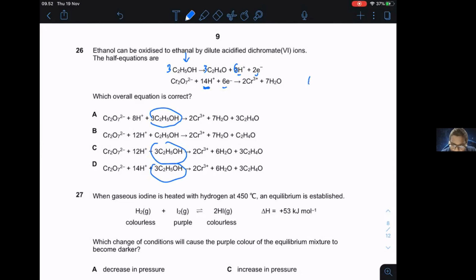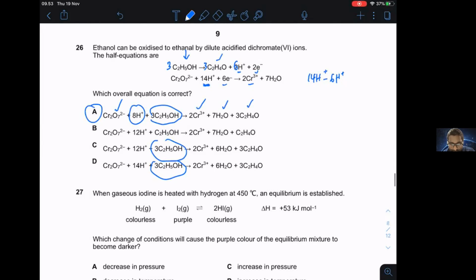So it's going to be 14H minus 6H if you bring it to the left, so that's going to be 8H. Probably this will be the answer. You double check: the rest stay the same, 2 and 7, and then I times by 3, this one will be 3. So the answer is going to be A. 26 is A. If you cannot see, then you do the normal method. Just write down everything to prevent any mistake. I will move on.